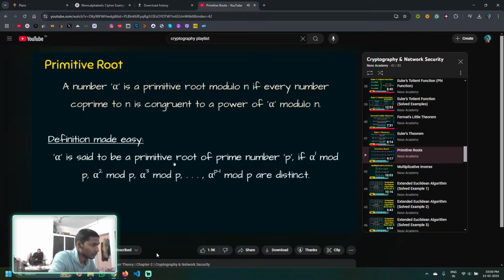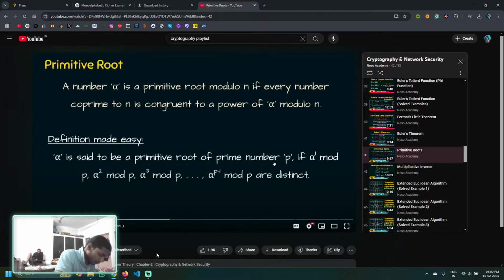For example, if we take the prime number 5 and alpha equal to 2, then 2 power 1 mod 5, 2 power 2 mod 5, 2 power 3 mod 5, up to 2 power 5 minus 1, that is 2 power 4 mod 5, are all distinct, then alpha is said to be a primitive root of the prime number p. Anyway, we are going to understand this when we see the examples.